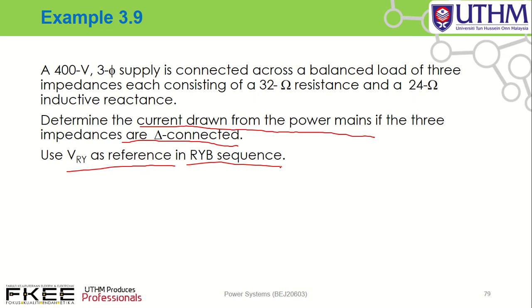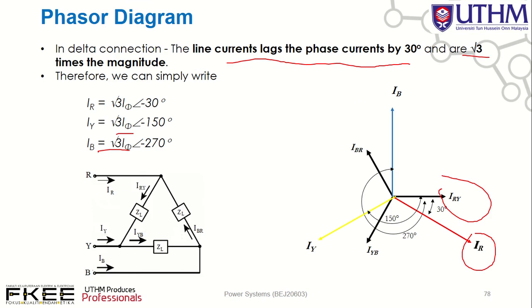I will explain in detail how to solve this example. First you can try to calculate IR, IY, and IB according to the concept or relationship that we already discussed in this slide.